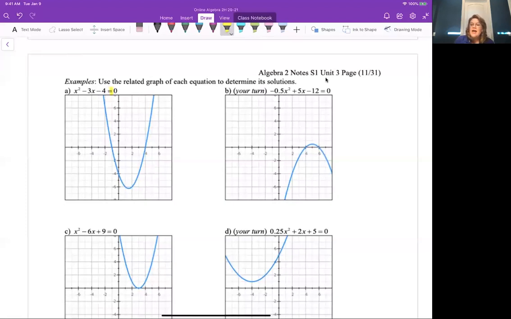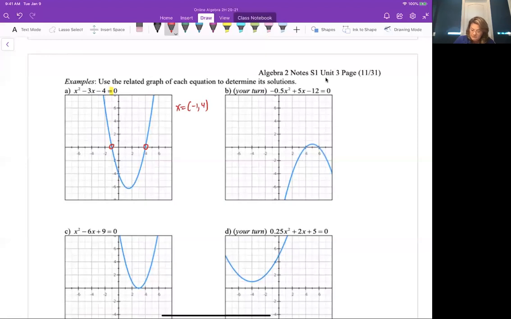What values of x, if I were to plug it into that quadratic equation, would give me 0. That is the x-intercepts, okay? And in this particular problem, it crosses the x-axis twice. And so the answer in this situation is x is equal to -1 or 4. I have two values of x that give me an output of 0, okay?